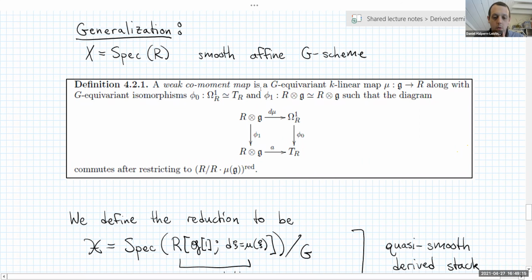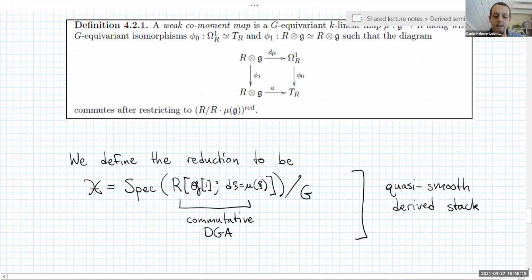With this picture in mind, you can do the same thing. You define the reduction to be, and this is what I mean when I say derived zero fiber: I take my ring of functions and adjoin this vector space of formal variables in homological degree 1 or cohomological degree -1, with the rule that the differential of any element of the Lie algebra is mu of that element.